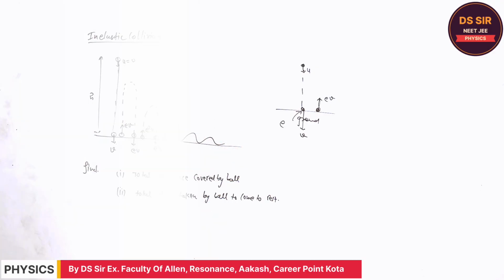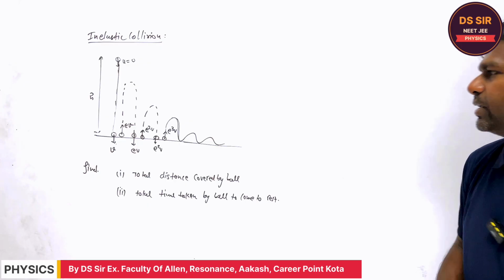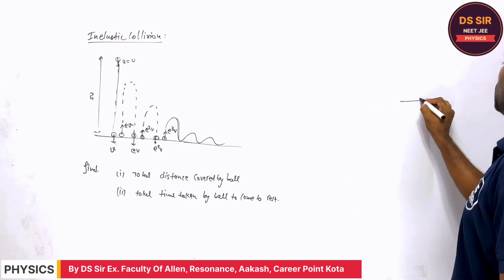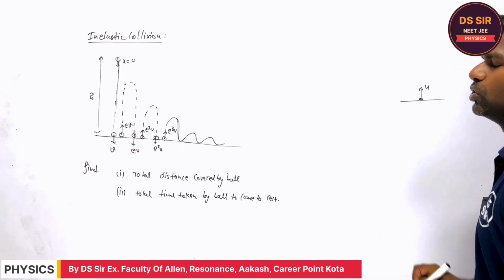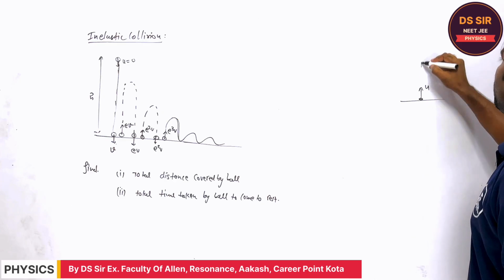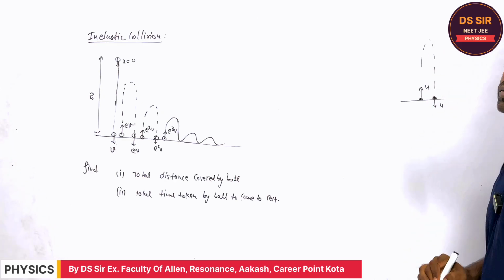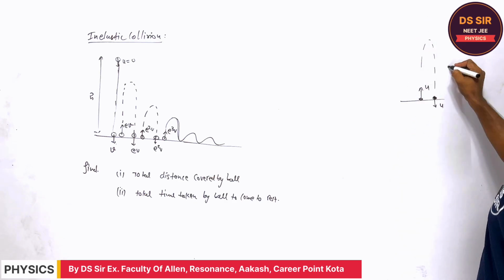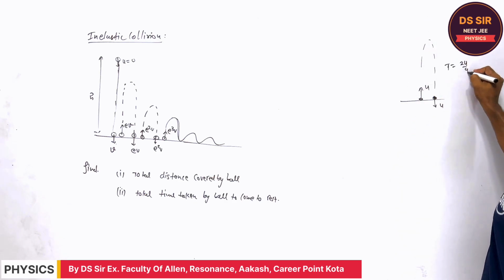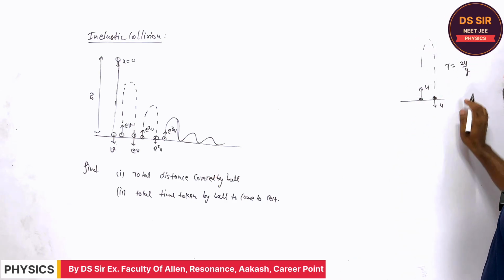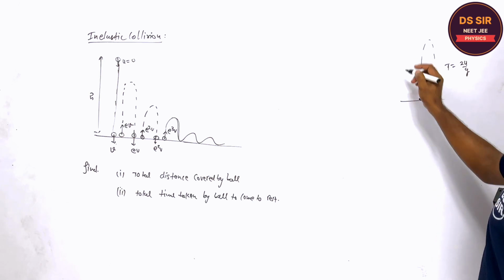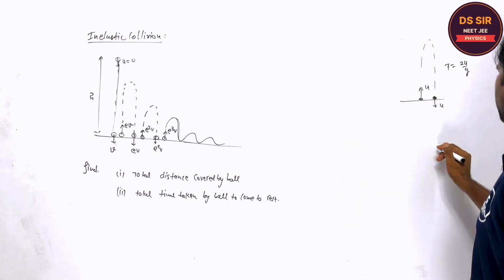Copy this. What you have to remember, for the motion under gravity, if the speed is u, can you find what is the total time of flight for this motion? What is the total time? Say 2u upon g. Did you remember or not? And if it is released from rest, listen one thing.